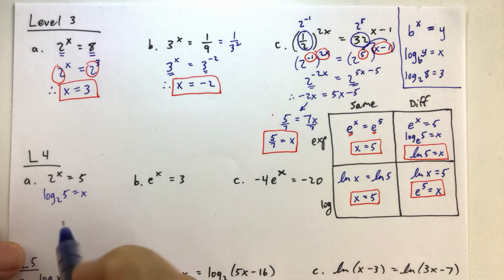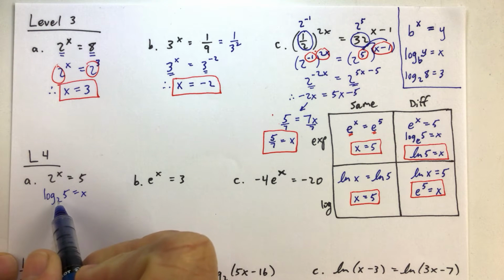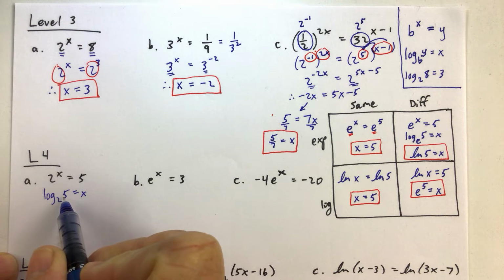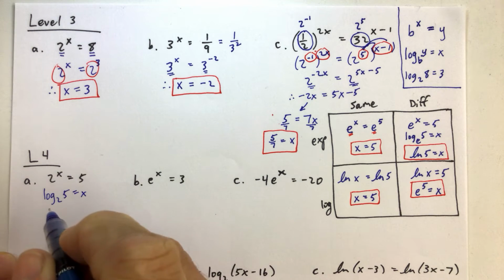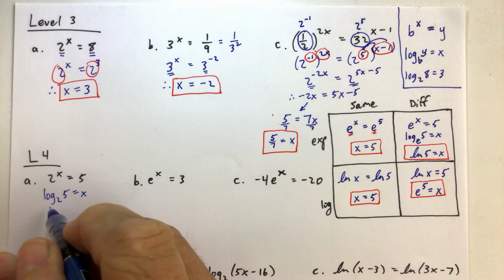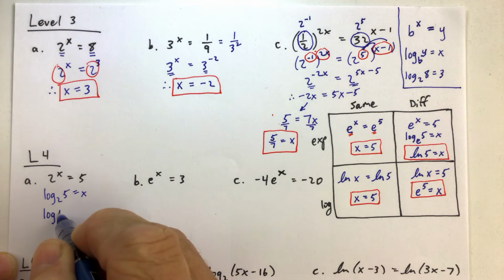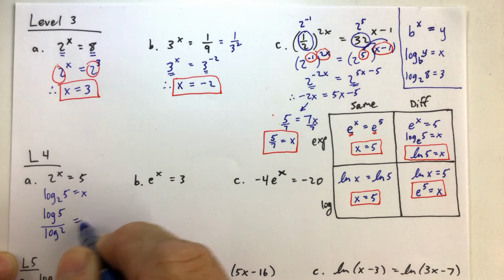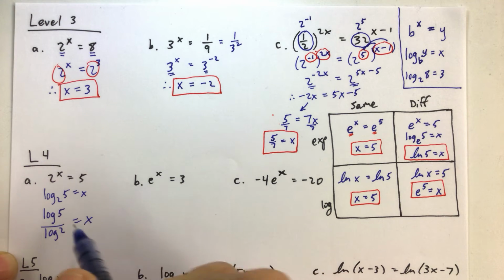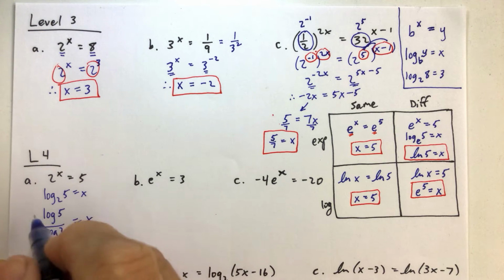And some calculators allow you to type in a log with the specific base and then the argument, and you can just hit enter and you get an answer. Other calculators, like scientific calculators, you have to change the base in order to arrive at a value. When you change the base, you're typically going to change it to base 10 or base e.